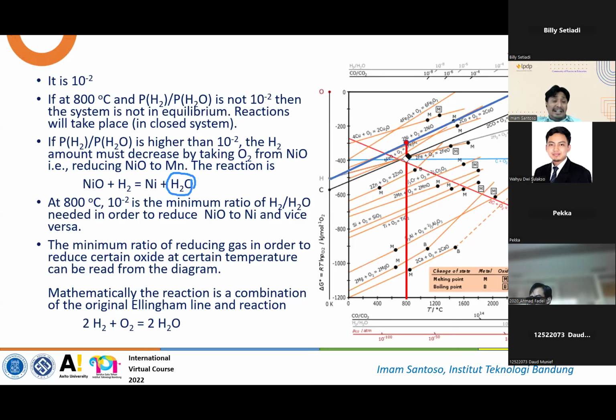It is 10 to the power of 12. 10 to the power of 12 is this one. 1, 2, 3, 4, 5, 6, 7, 8, 9, 10, 11, and 1.